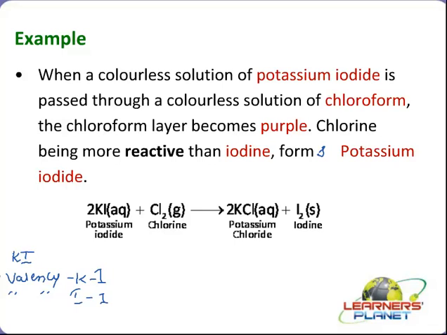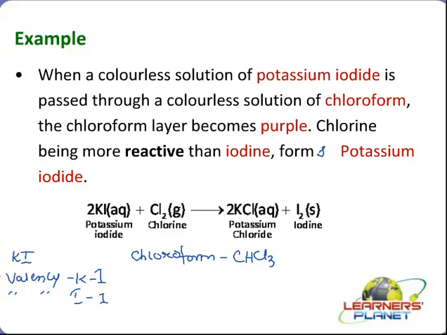So what will be the formula of potassium iodide? It will be KI. Then the colorless solution of chloroform. What is the formula of chloroform, students? It is CHCl3. Now this chlorine is coming from chloroform.